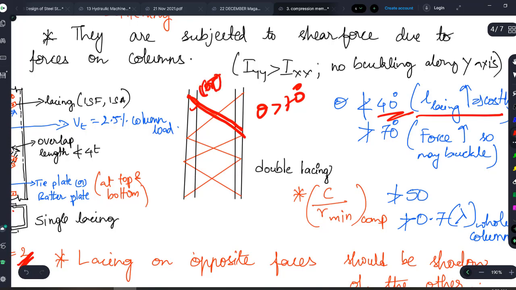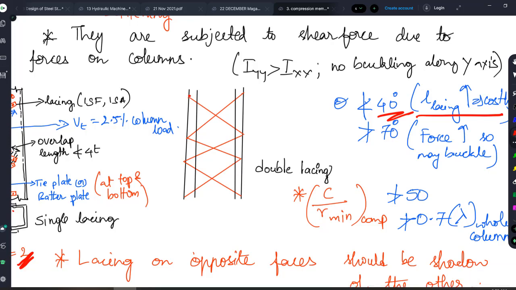So if the theta value is greater than 70, then the forces being induced in my lacing will be very much high. And if the force is high in my lacing, then my lacing itself can buckle again, okay. It can buckle by itself, and obviously it will not serve its purpose. Therefore we should make sure that my theta is not greater than 70 degrees.